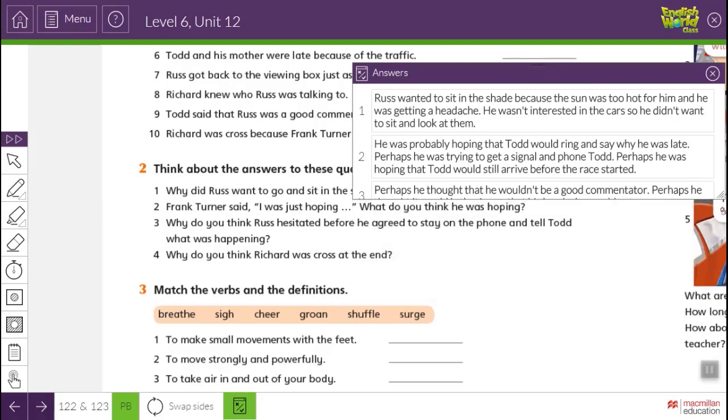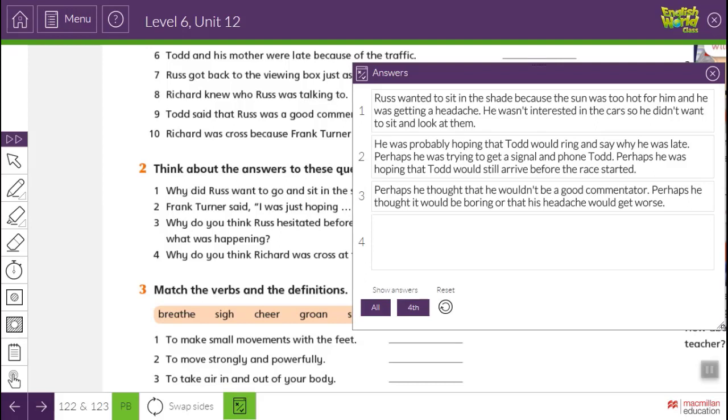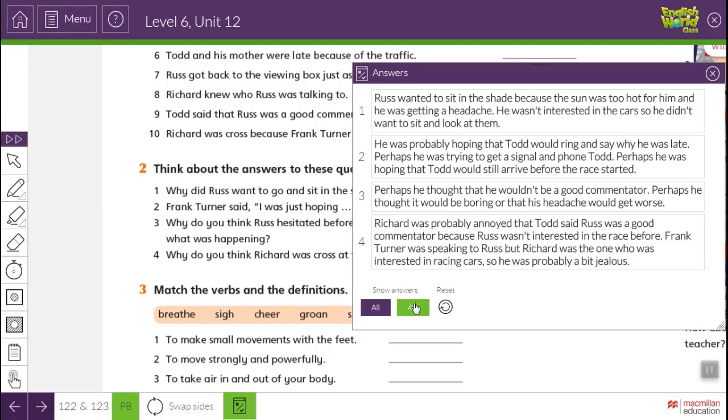Why do you think Richard was cross at the end? Richard was probably annoyed that Todd said Ross was a good commentator because Ross wasn't interested in the race before. Frank Turner was speaking to Ross, but Richard was the one who wasn't interested in racing cars, so he was probably a bit jealous.